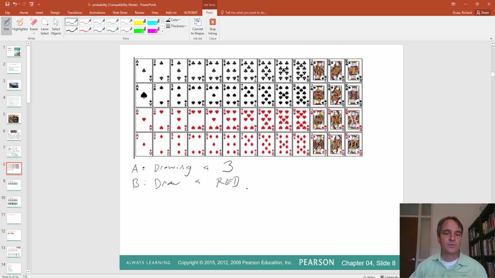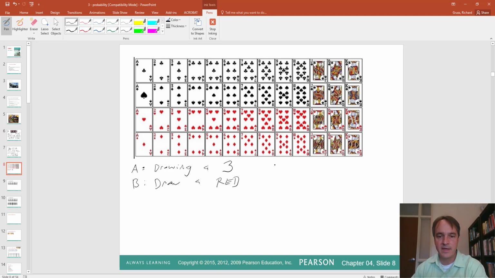Okay, so once again, you can come to the simple and marginal probabilities without too much trouble here. So the probability of drawing a 3. We just use that same formula, the number of ways of getting an outcome divided by the total number of outcomes. Well, the total number of outcomes is very easy here. We just know that it's 52.